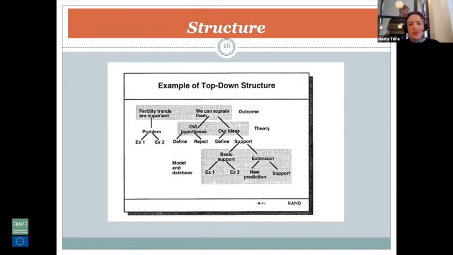I copied here something that I found on the internet. Imagine there is a researcher who wants to explain something about fertility. They would start with the general, with the main message, and really talk top down about why fertility trends are important and how we can explain them.